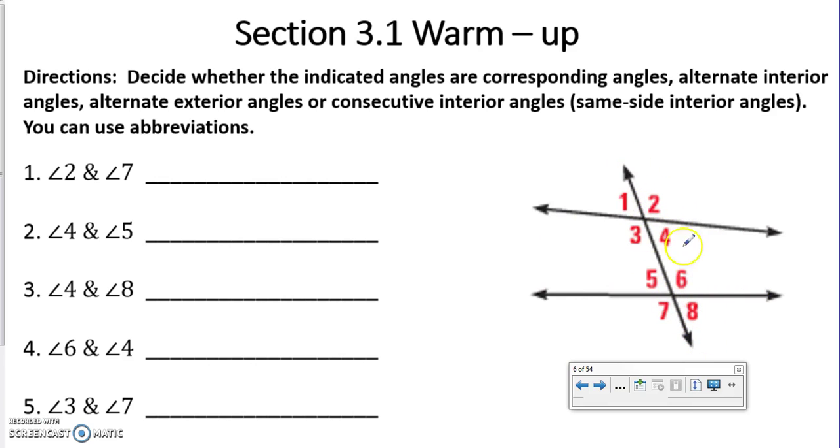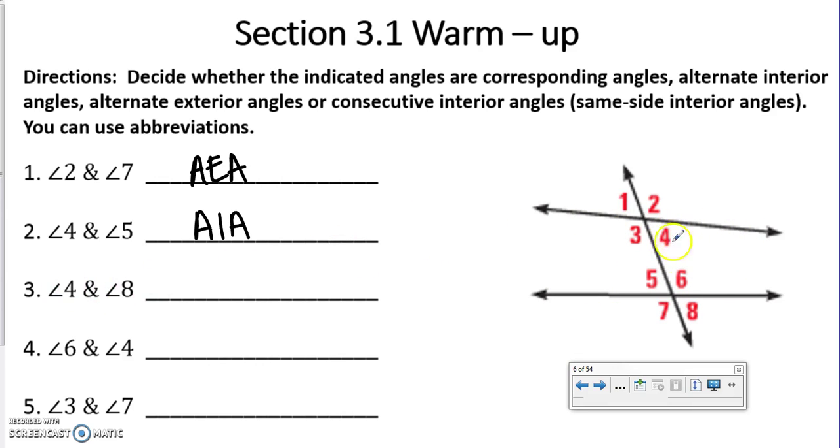So 2 and 7 are outside of these two lines, therefore these are diagonal and alternate exterior angles, or AEA for short. Okay, then we look at 4 and 5. 4 and 5, those are between the two lines and diagonal, so those are alternate interior angles. Remember, the alternate is diagonal. Interior means they're between or inside these two lines.